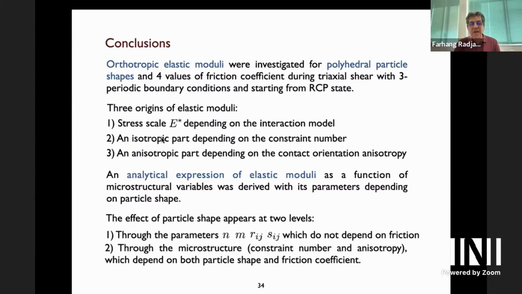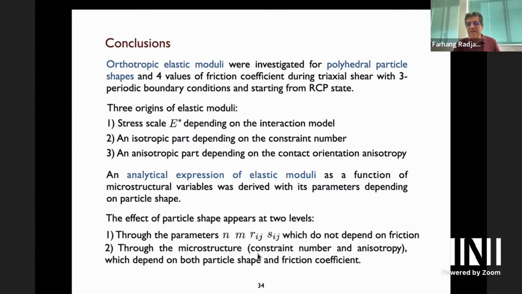But it can be different. We have an isotropic part depending only on the constraint number, and an anisotropic part which depends only on the contact orientation anisotropy. We have an analytical expression. It is important, these last 2 points, that the effect of particle shape appears at 2 levels: through these parameters, which do not depend on friction, and secondly, through the microstructure.